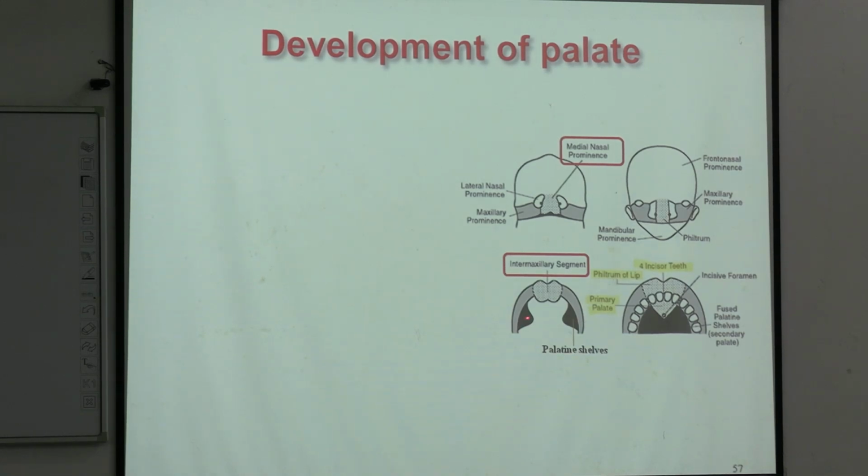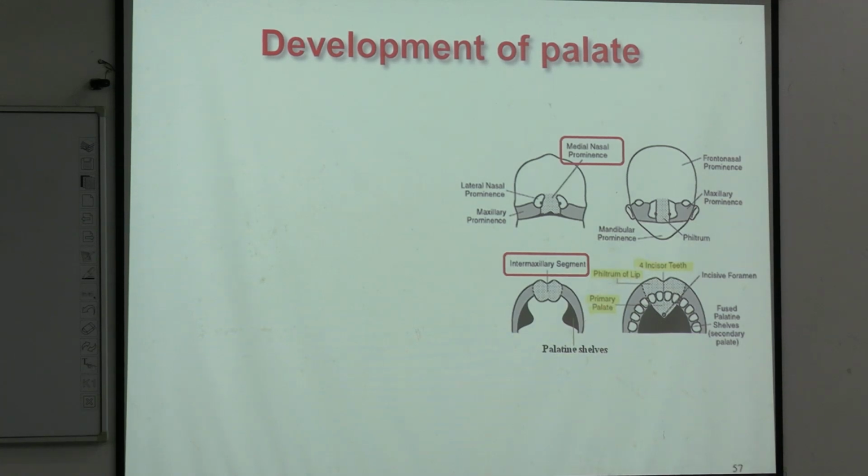So, these palatine shelves created from the maxillary prominence, right side and left side, with time grow to the midline and fuse with the intermaxillary segment, which is going to form the primary palate with the four incisor teeth, and make this fusion complete.